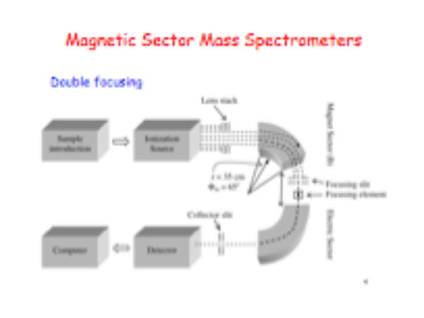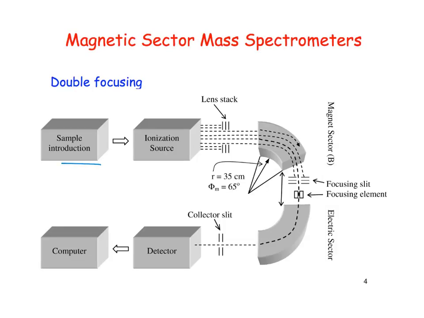So again, we have some way to put our sample in. We have the ionization source, and so this first part is all the same. We have the voltage accelerator plates. We send it down, and this one has a magnetic sector here, which is like what we saw in the last one. But it comes out of the magnetic sector, we collect the ions, and then it's refocused and sent into what's called an electric sector.